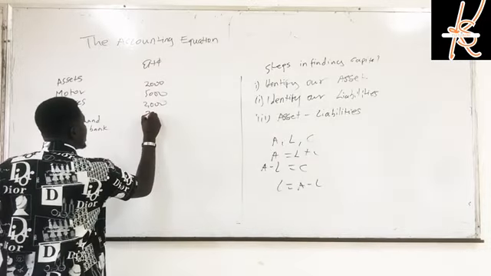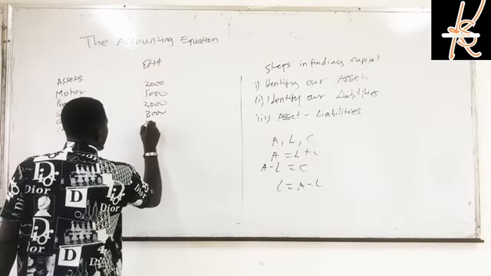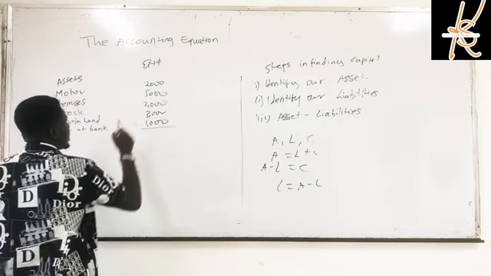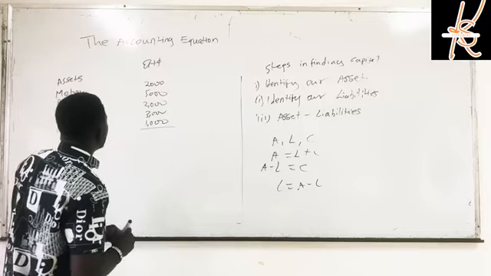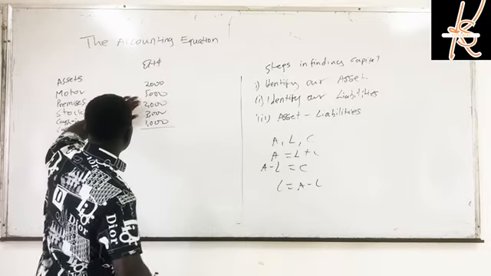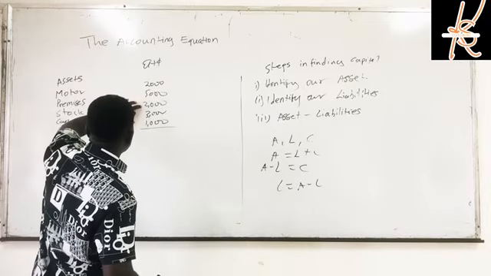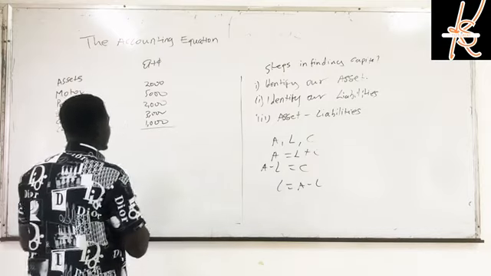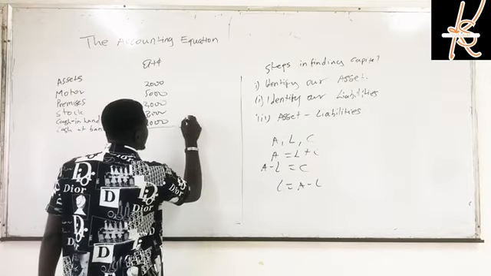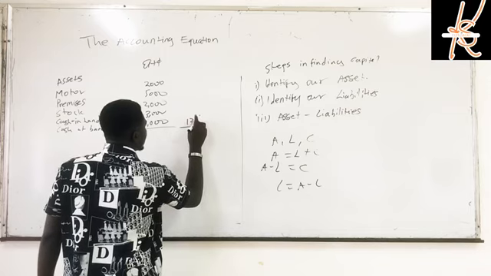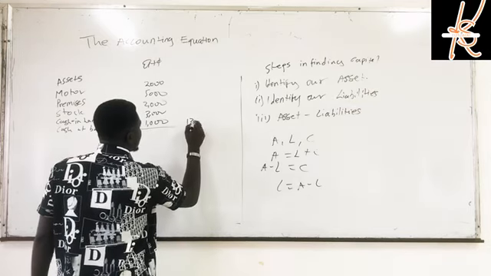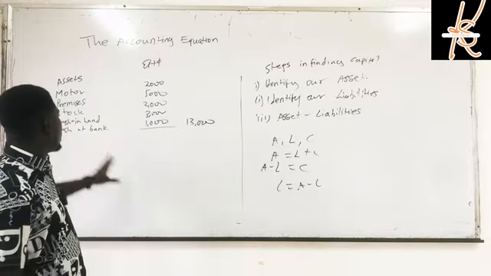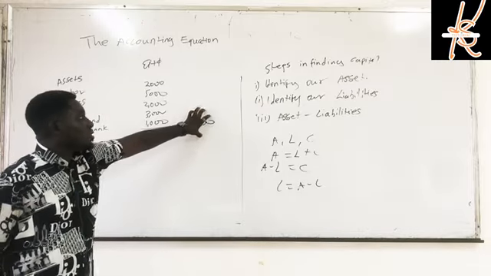So to find our total assets, you have to add: 7, 9, 10, 12, 13. So our total assets will be 13,000. I put it here, 13,000. Now we have our total assets.